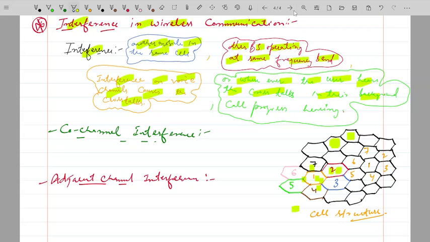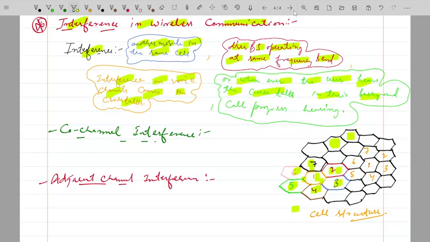The first cell has a different frequency, the second cell has a different frequency, and so on up to the seventh cell. So a user in the first cell will not get a signal from the other cells, because all the other cells are on different frequencies. So here the communication is good.